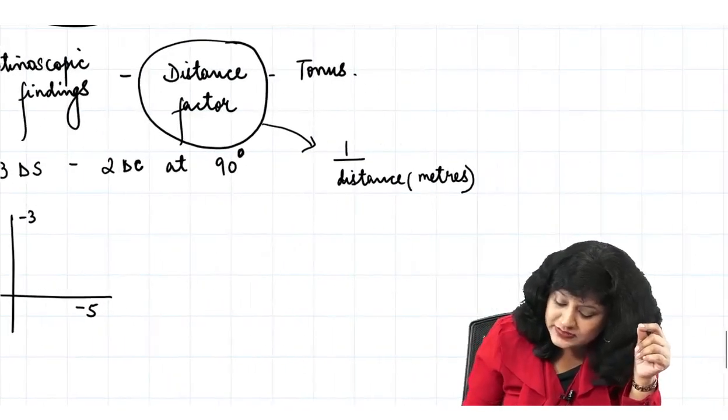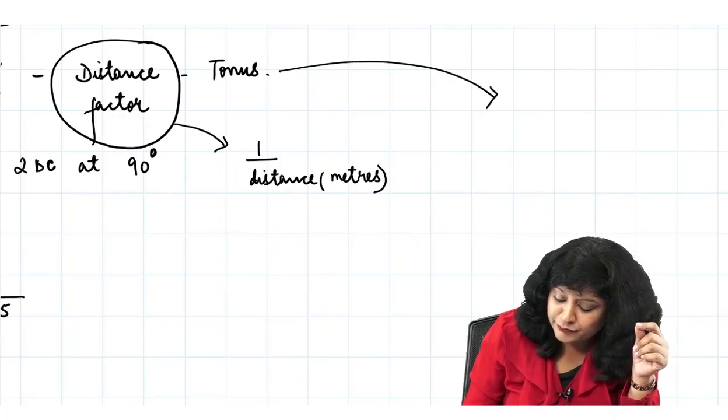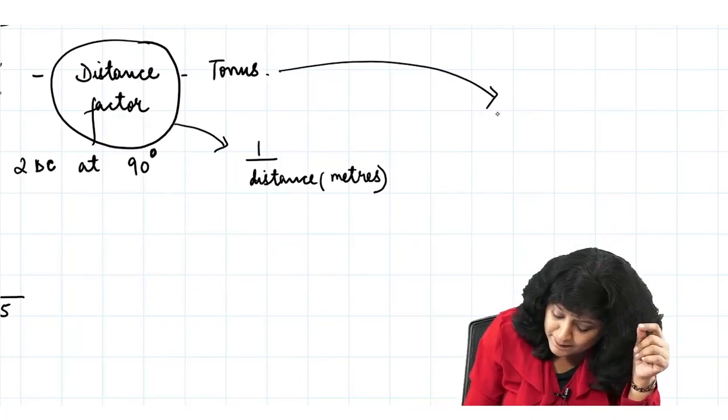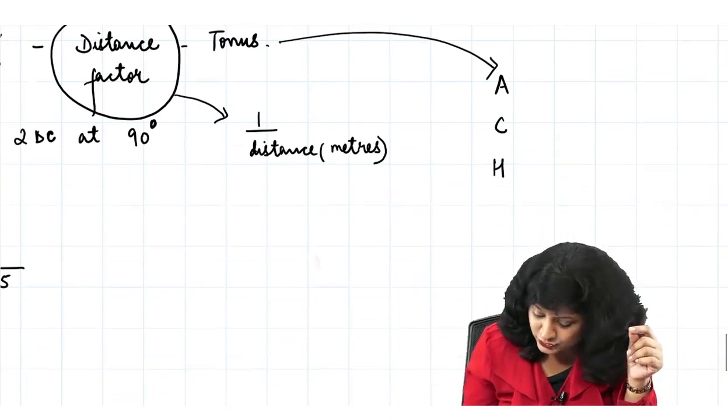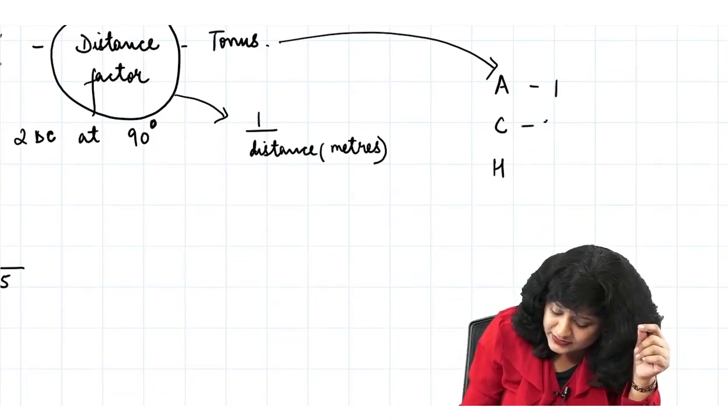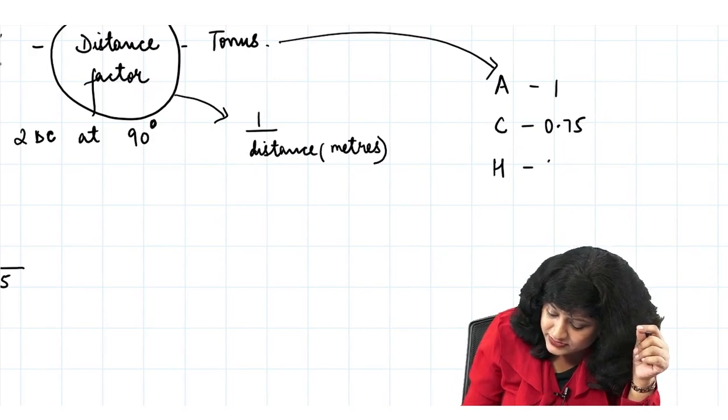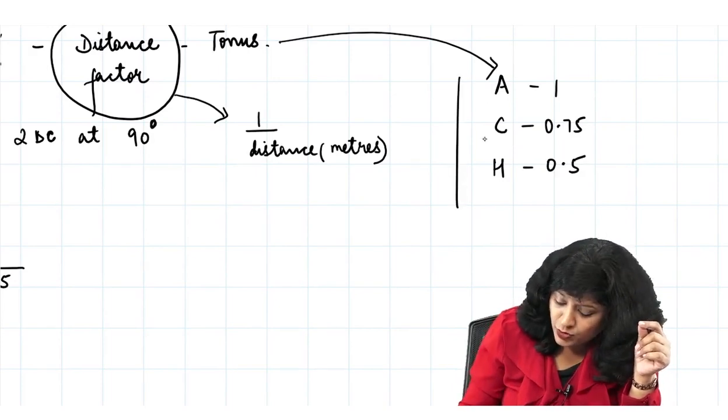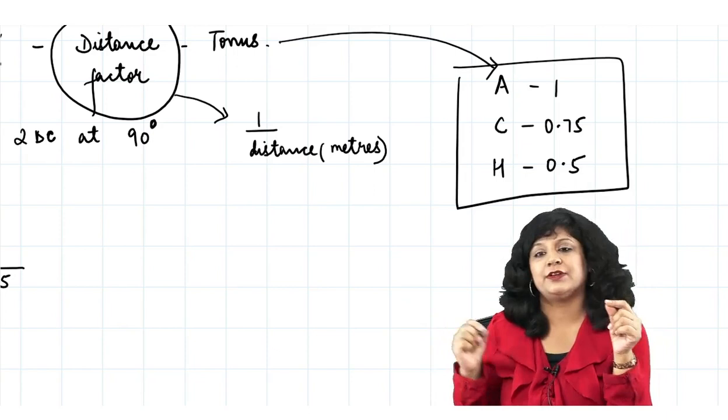Now this tonus can be different for different drugs. So always remember ACH, acetylcholine, it is 1, 0.75 and 0.5. So we have the tonus values for the different drugs.